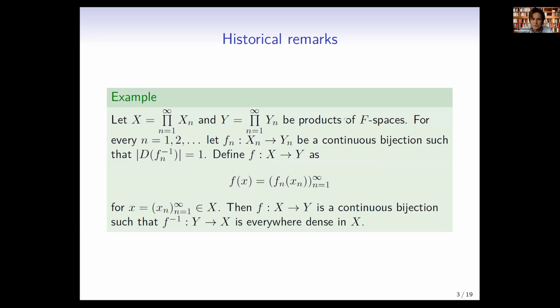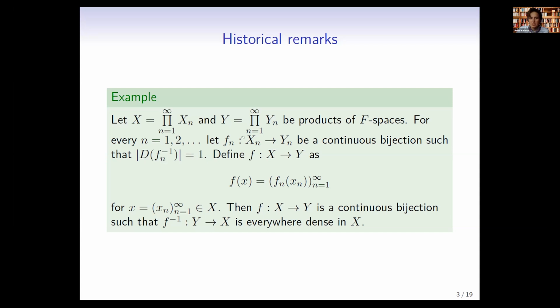two countable products of F-spaces X and Y, where every X_n and Y_n are F-spaces, and consider for every n a continuous bijection f_n between X_n and Y_n, where by D(f_n^{-1}) we denote the discontinuity point set of the inverse map.